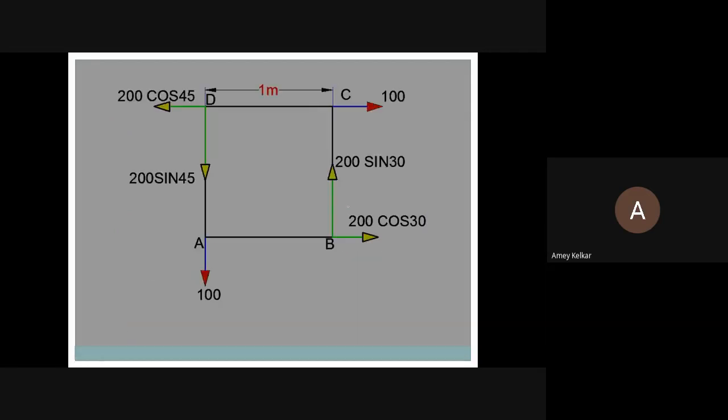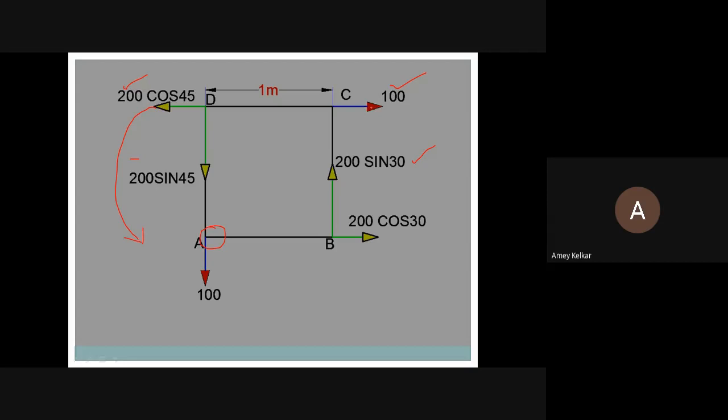Once again, let me come to this picture. We have three forces under consideration which will be causing a rotational action: one is 200 cos 45, one is this 100 force, and one is this 200 sine 30 force. We are finding the moment with respect to point A. When I take this force, it has to turn in this direction, so this is anti-clockwise.